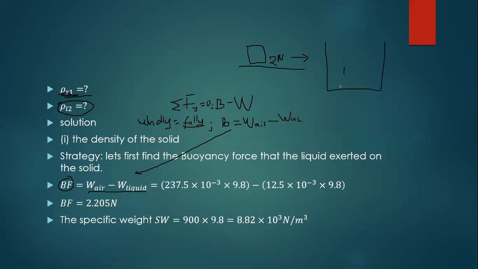You go and weigh it in the liquid. It is now submerged in the liquid. You try to weigh it, and you find that in the liquid it is 1.5 newtons.